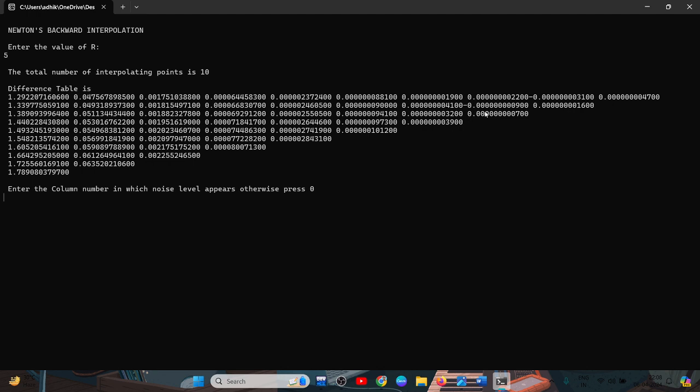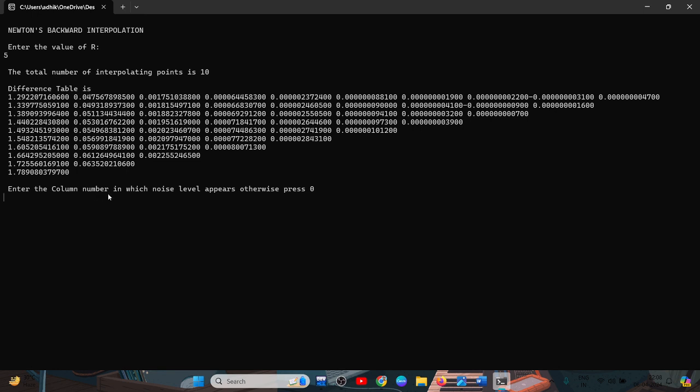In this table, in this column the significant figure is 22, and this is minus 90, so there is some irregularity. At this column, 1 2 3 4 5 6 7 8.